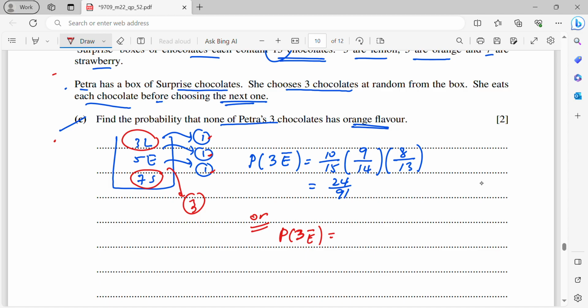So these 3 will be from the non-orange flavor. That means total is 10. So I will say 10 choose 3 over total is 15 choose 3. Okay, it is the same concept. So at last, you will be getting 24 over 91 as well. Right, so that's all for this question.